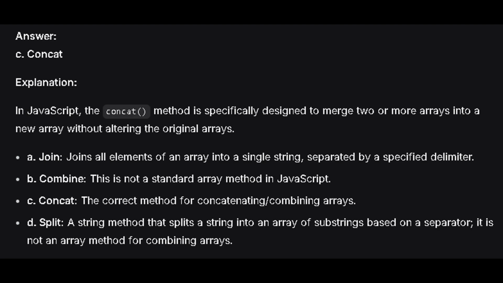A. Join joins all elements of an array into a single string separated by a specified delimiter. B. Combine. This is not a standard array method in JavaScript. C. Concat. The correct method for concatenating or combining arrays. D. Split. A string method that splits a string into an array of substrings based on a separator. It is not an array method for combining arrays.